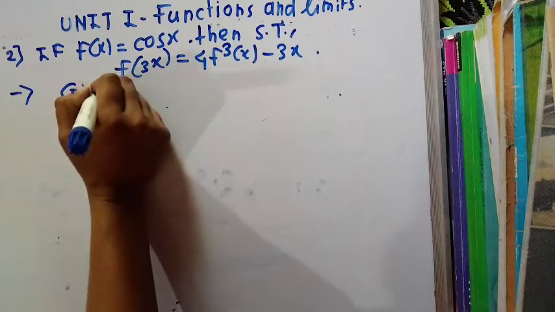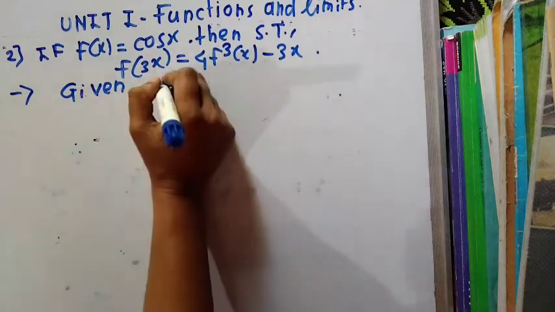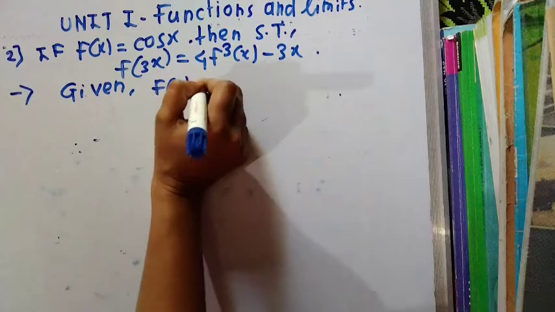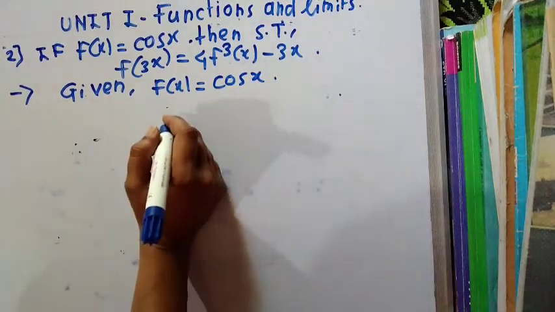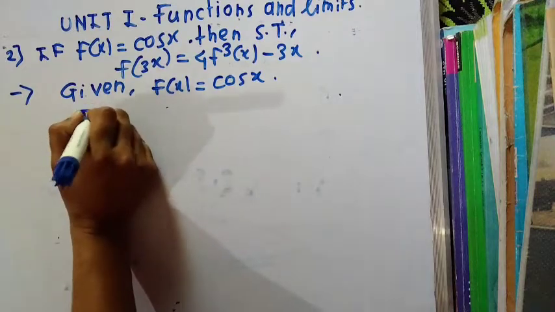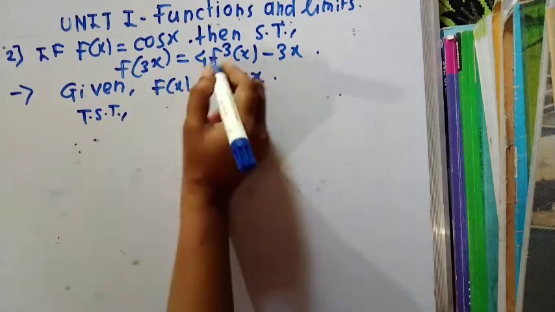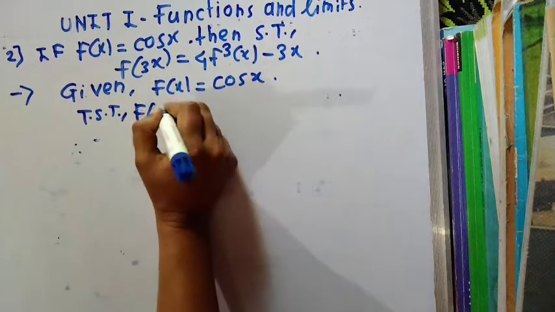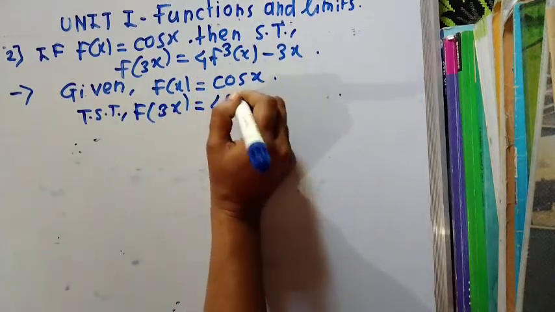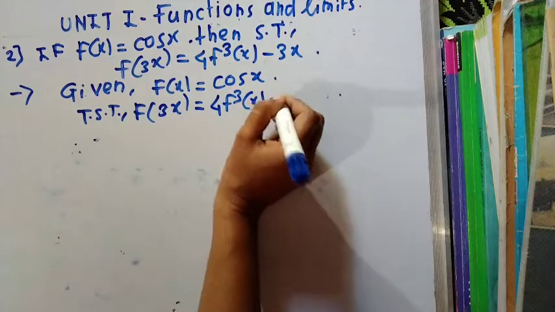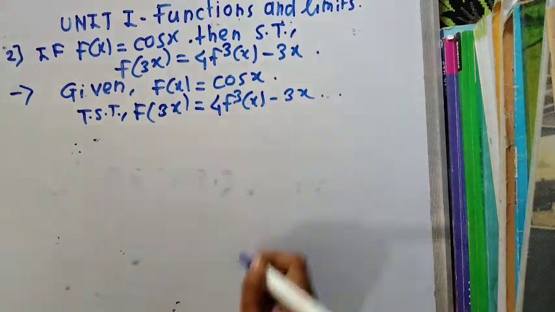So first, given that f of x is equal to cos x, so we have to show that f of 3x, which is equal to 4f cube x minus 3x.